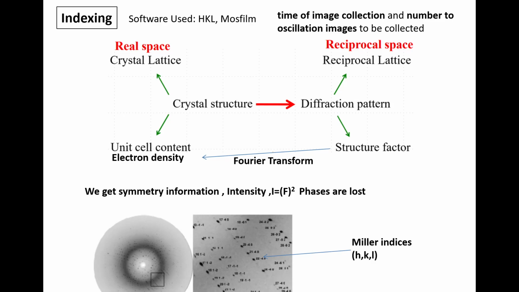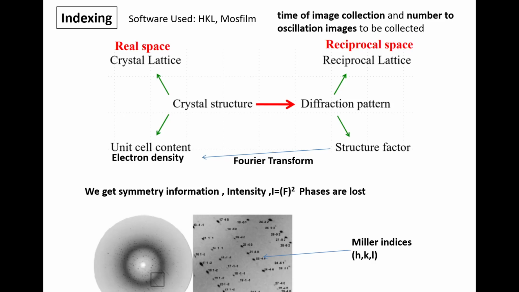But imagine that what is electron density in your real space is the structure factor in the reciprocal space. The structure factor is like the Fourier transform of your electron density, but you don't want the structure factor to solve your crystal's three-dimensional shape. You want the electron density, but what you get from the diffraction pattern is the structure factor.